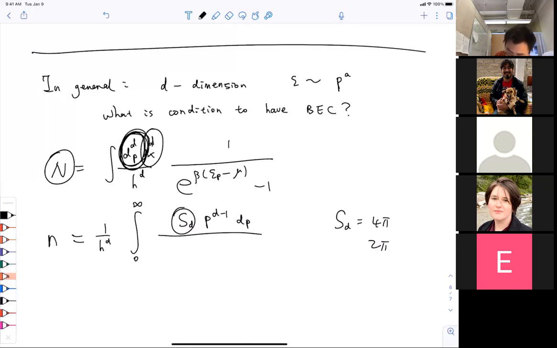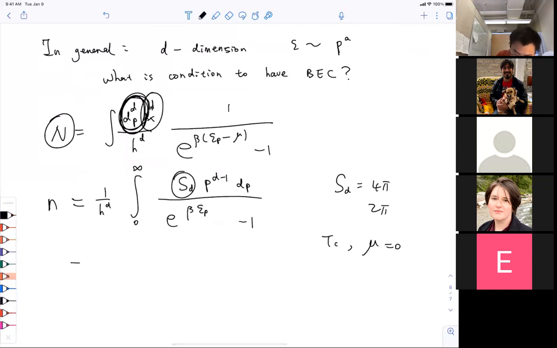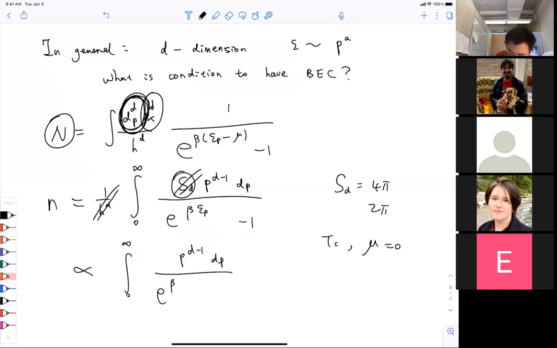And we also want to calculate T_C, where mu equals 0, so we can just erase this mu. Let's focus on this integral, and also use proportionality and disregard the constants. So it's just p^(D-1) dp over exponential of beta epsilon_p minus 1.